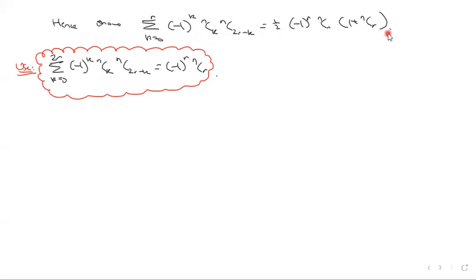Now, things may not match exactly, but you want to have an eye out for anything that appears related. What might be of interest is that this seems to be (-1)^k nCk n C (2r minus k). This appears to be the same. Now, of course, this is 0 to r, and this is 0 to 2r. So they're not exactly the same, but certainly the terms inside are the same.